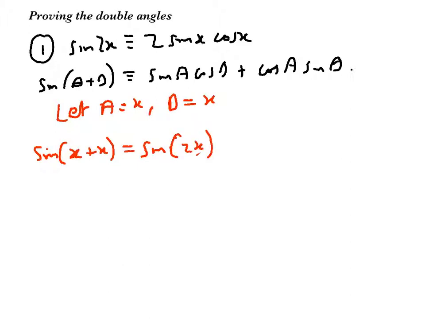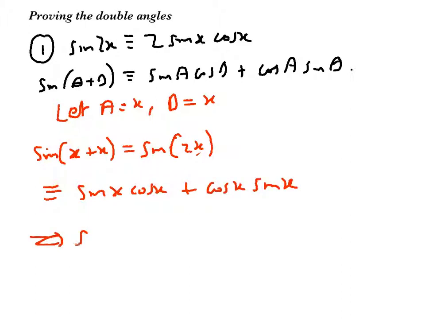So therefore this is always equal to, taking A as x and B as x, sin x times cos x plus cos x times sin x. So therefore sin 2x is always equal to this plus this, 2 sin x cos x.